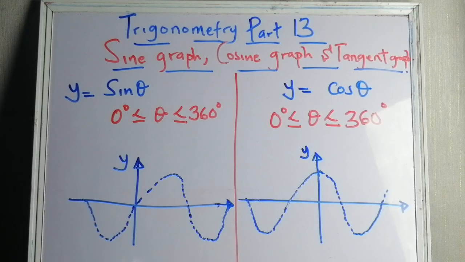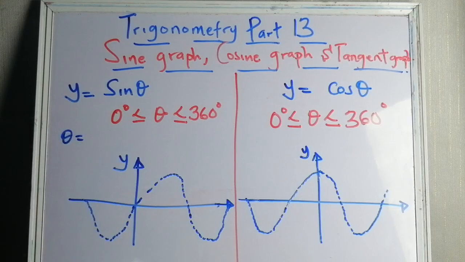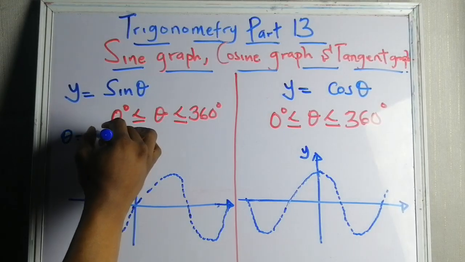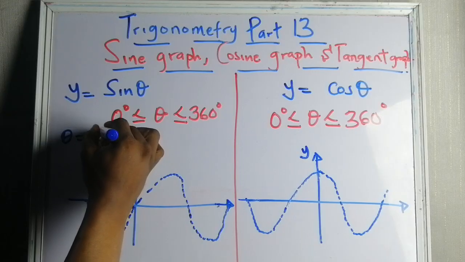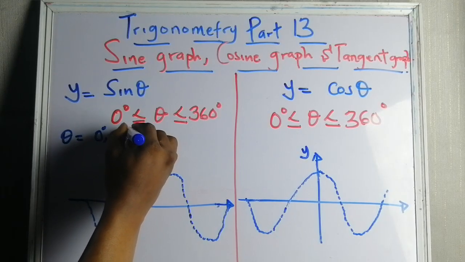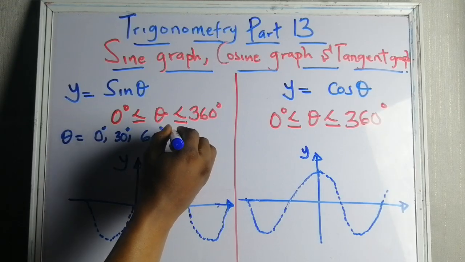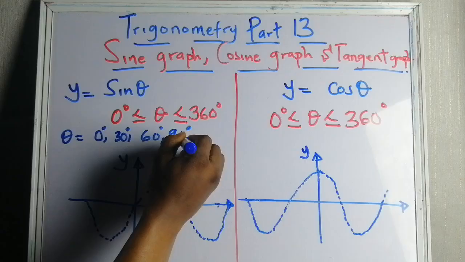What does that mean? It means that you can pick any interval you want. If you want to plot your sine graph, you can pick any value of theta you want, but it's advisable that the range should not be too much. So I can say my theta can be 0 degree, 30 degree, 60 degree, then 90 degree.